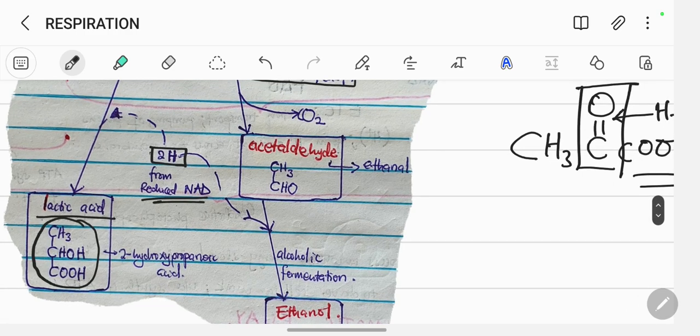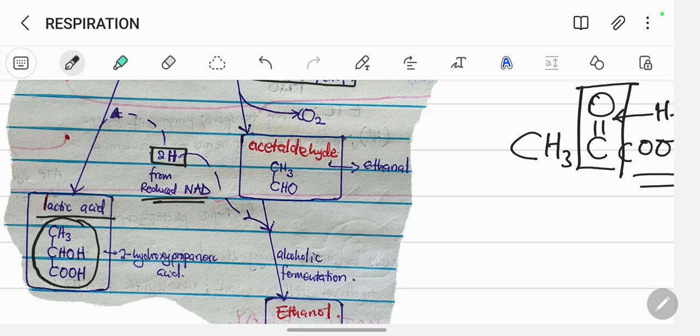So that is what happens if there is no oxygen. First, if there is no oxygen, the electron transport system is going to be blocked by the accumulation of electrons. Then NAD will no longer submit electrons to a blocked route.